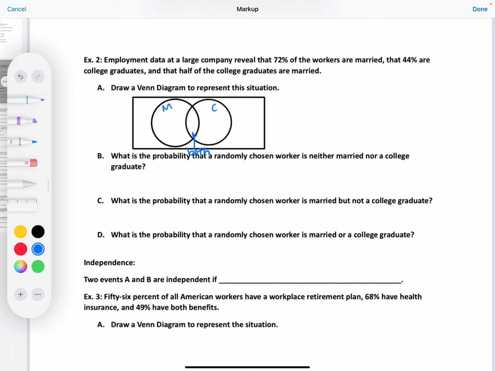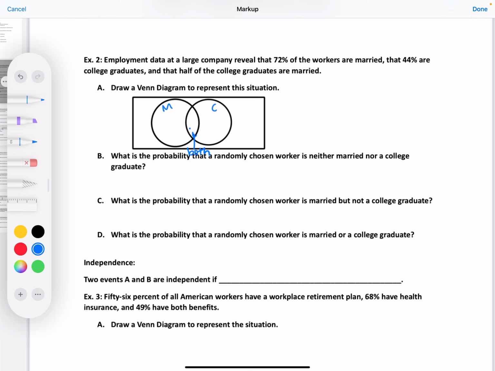And then outside is that they're neither. So we're told, I always do the middle first because it's the easiest thing. It's what's given to you. So it says that half the college graduates are married. So that's going to be the middle chunk. So that's going to be the 0.22 because we're halving 44.